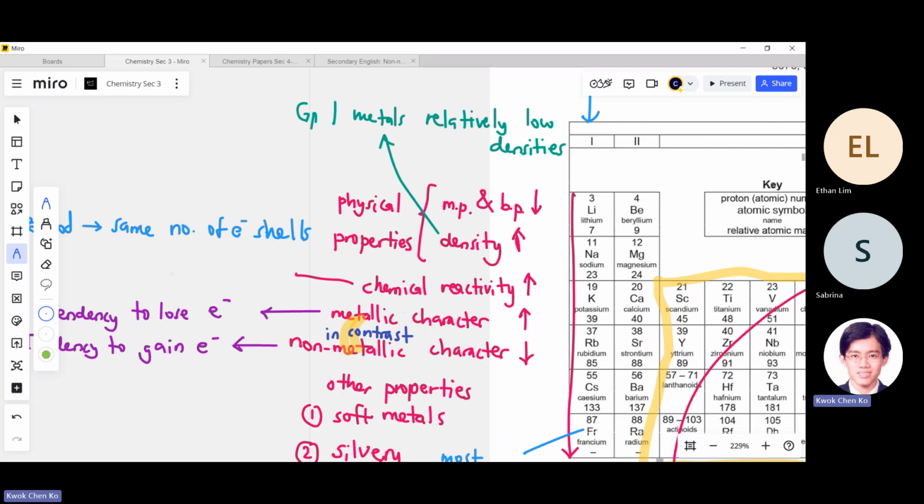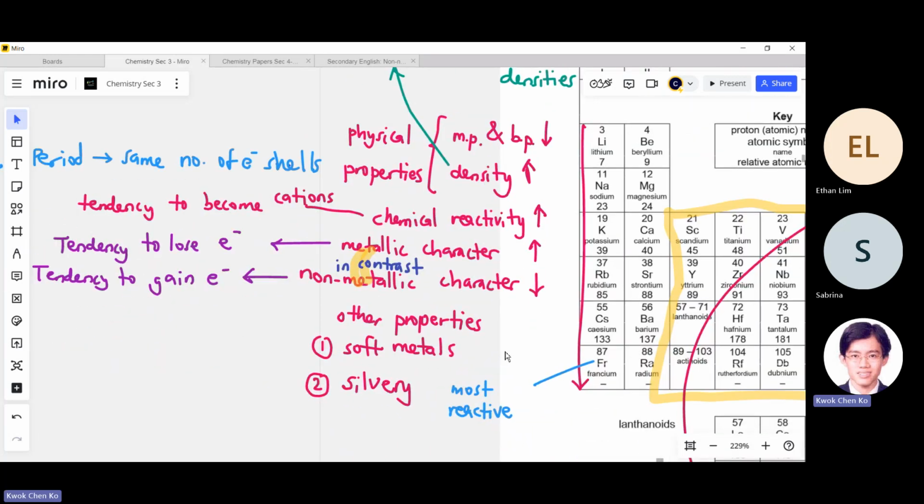In this case, we're looking at group one. They are all metals. So I can also describe reactivity as the tendency to become what? Cations. This is another way to look at it.